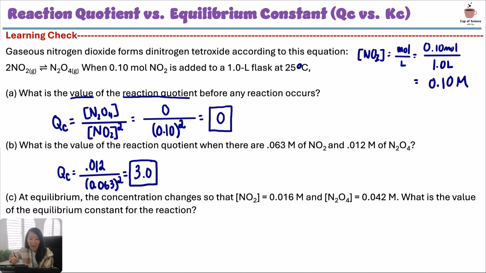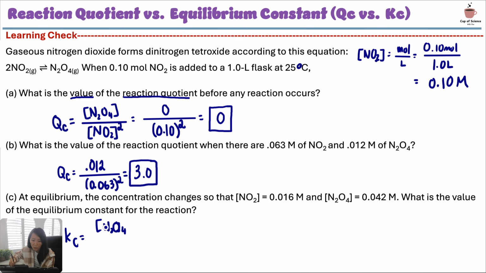Now it says at equilibrium, the concentration changes. And so you get NO2 is 0.016 and N2O4 is 0.042. What is the value of the equilibrium constant? So that's Kc for the reaction. Kc here is the same equation as Qc.